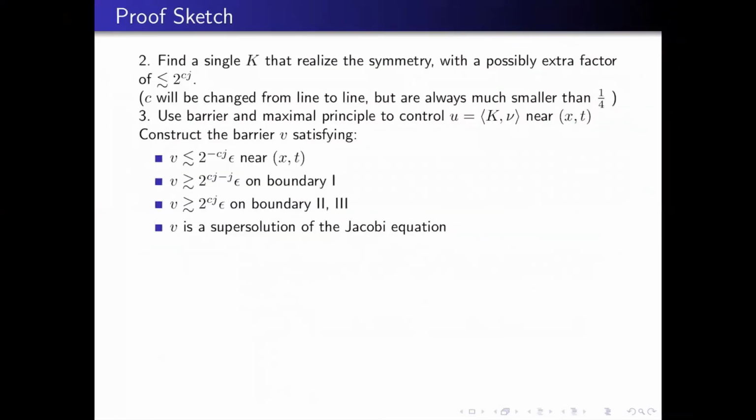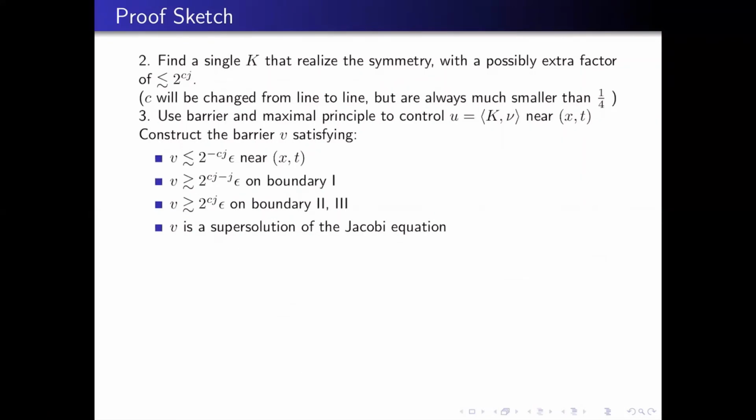The next thing is similar to the previous lemma, that we need to find a single vector field K that realizes the symmetry. So remember that each vector field can only take responsibility for a fixed neighborhood size. So we need some gluing arguments to show that these vector fields, which take responsibility for different neighborhoods, don't deviate too much.